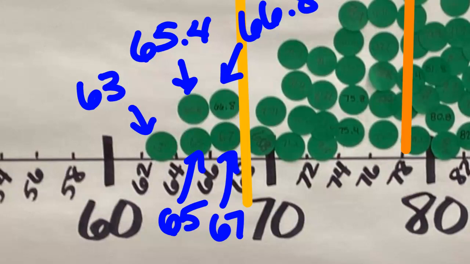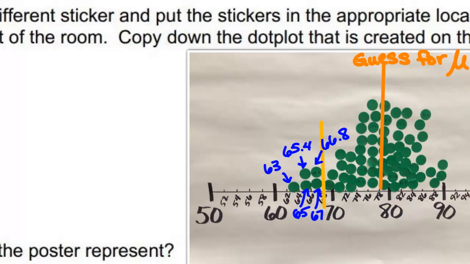So how many scores from our sampling distribution were the same as or less than Rockford? 5 out of? How many dots did we have? So 5 out of 68.